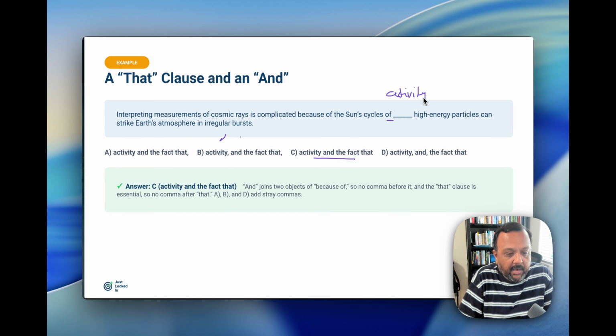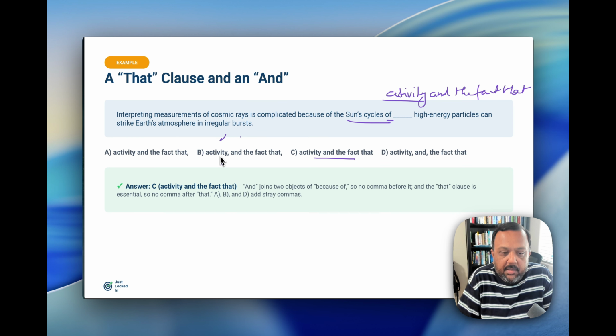And the fact that high energy particles can strike the Earth's atmosphere in irregular bursts. So there are two reasons for it, right? So therefore, there's no comma needed here.